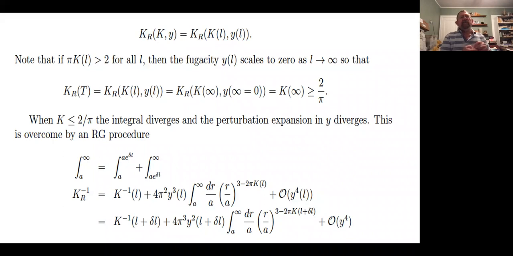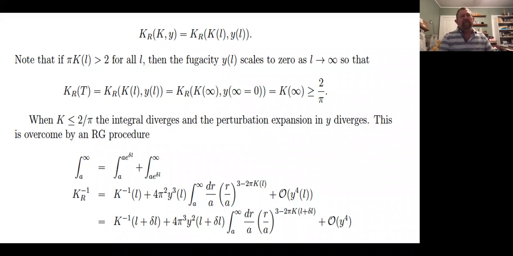In other words, you can calculate this quantity at any convenient value of the scaling parameter L.